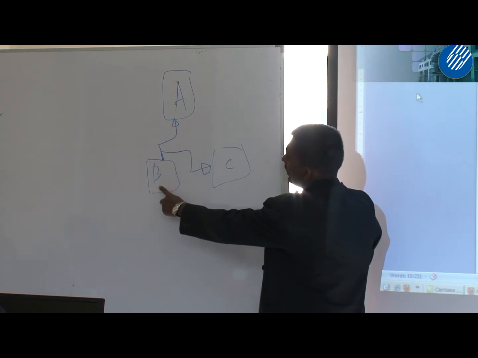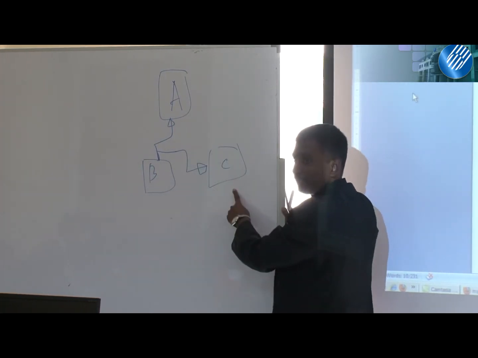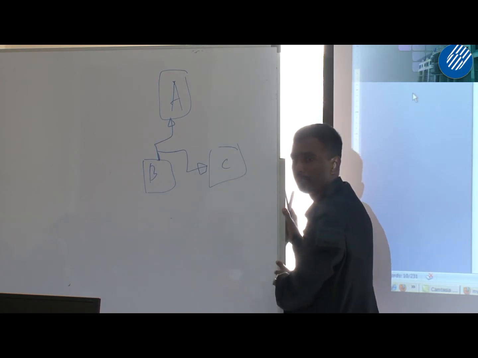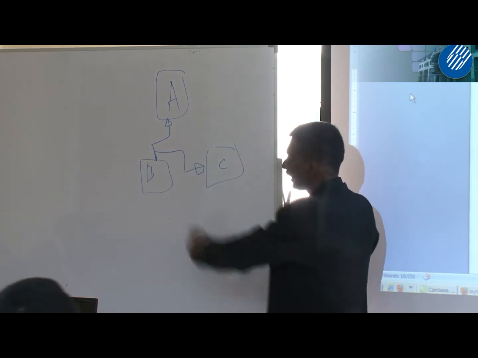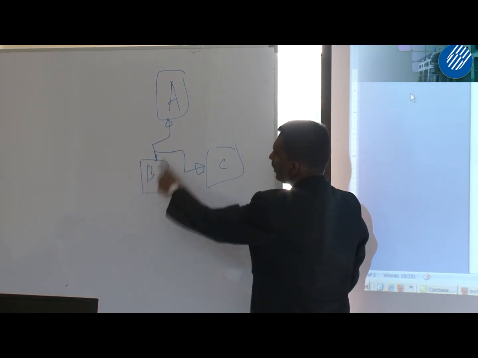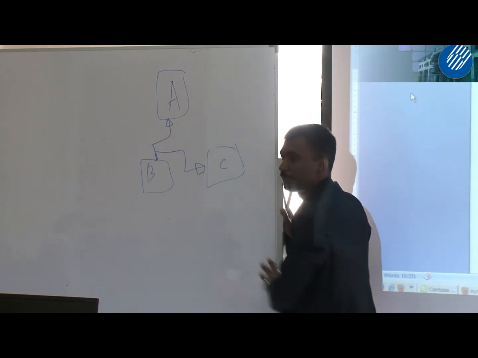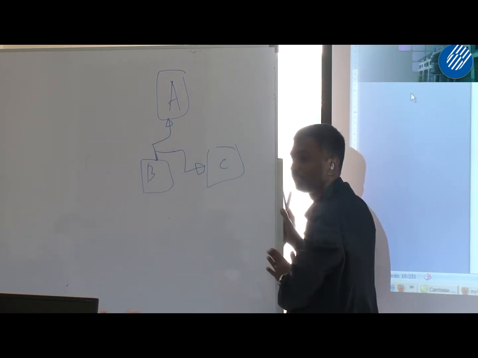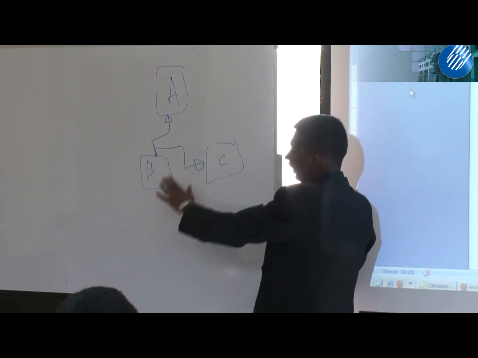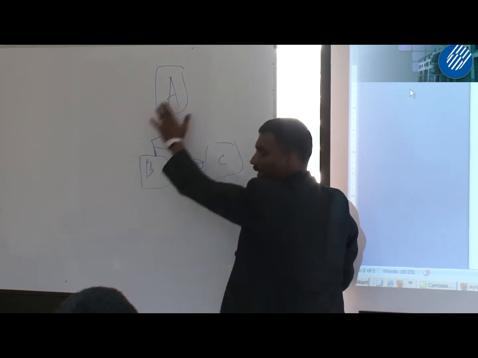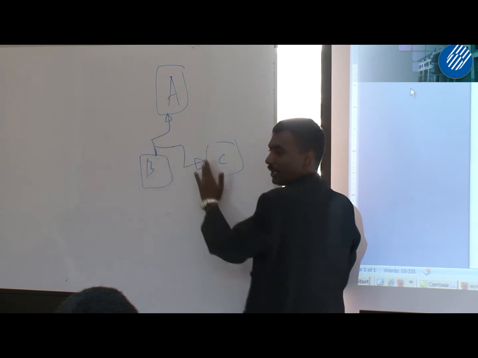How many classes is class B going to inherit? 2, A and C, right? Is it allowed in Java? Can a subclass have 2 superclasses in Java? Cannot. In Java, a subclass can only inherit 1 superclass.